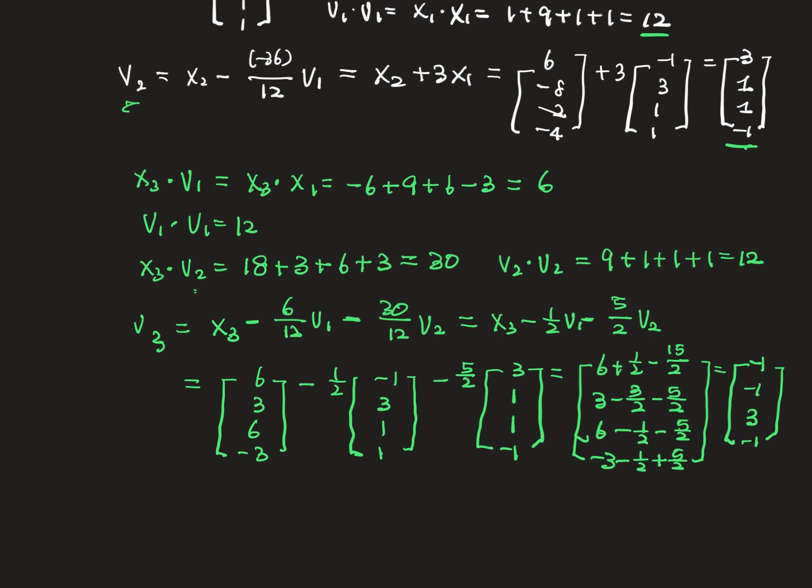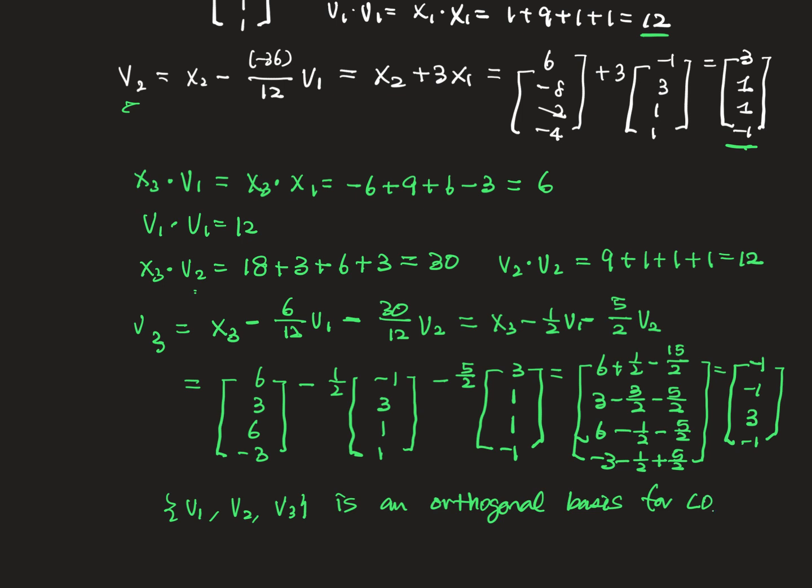So now the three vectors v1, v2, v3 form an orthogonal basis for the column space. This is a really easy way to find an orthogonal basis.